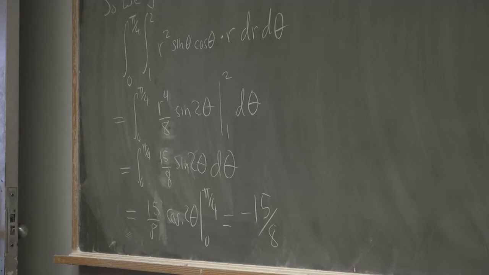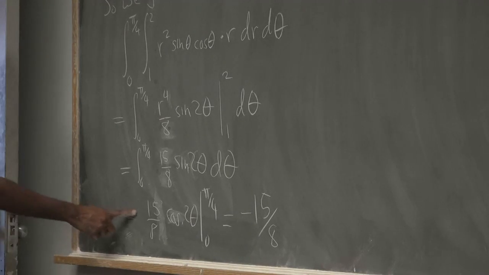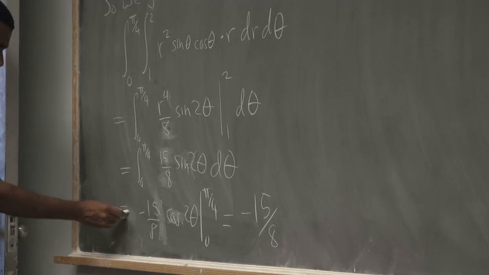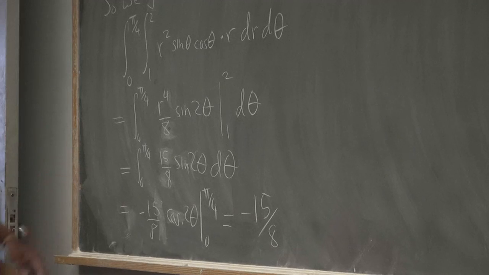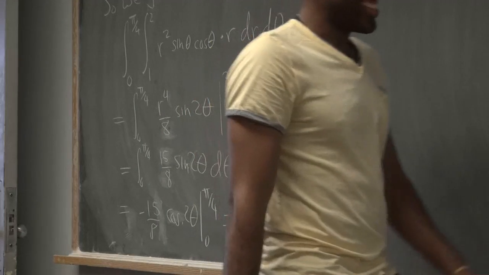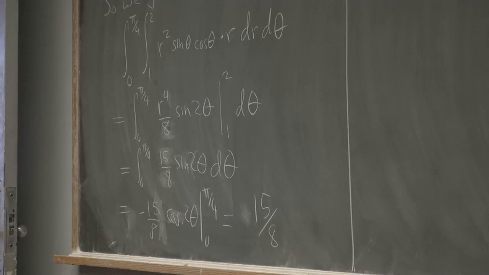I kept it as cosine theta, sine theta, and got cosine on the bottom. Yeah, it's negative cosine 2 theta in the second step, right here? Yeah, the second line.